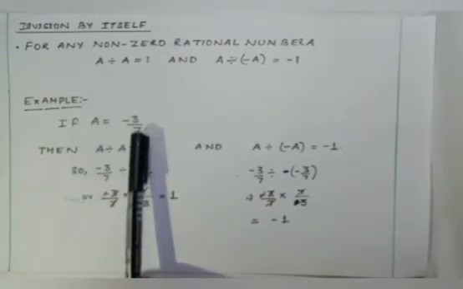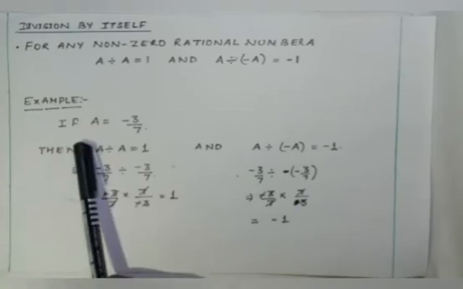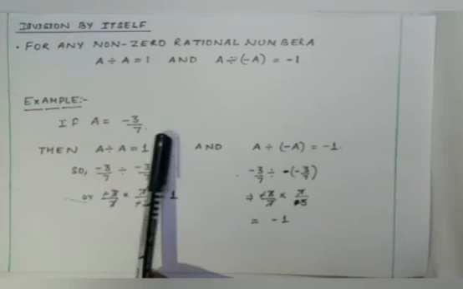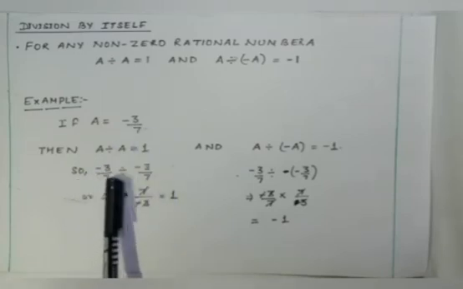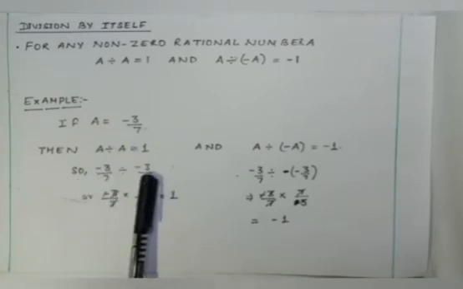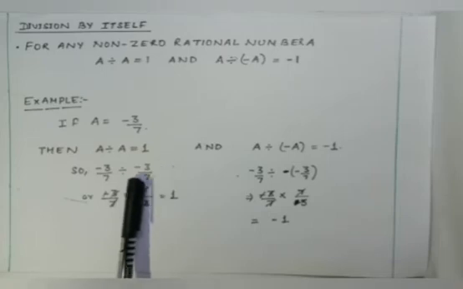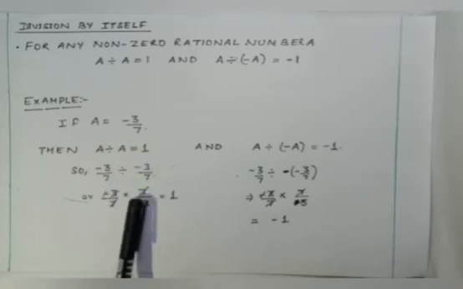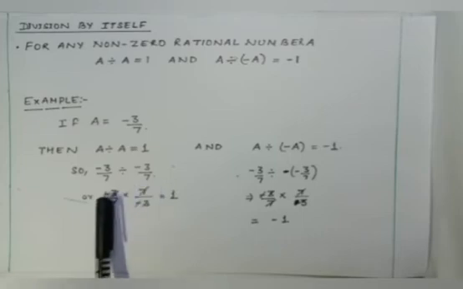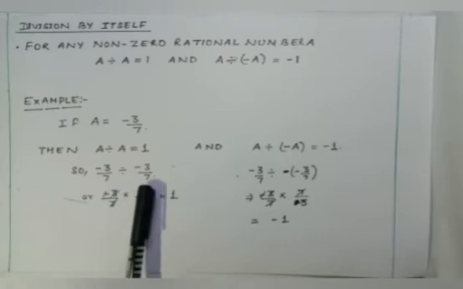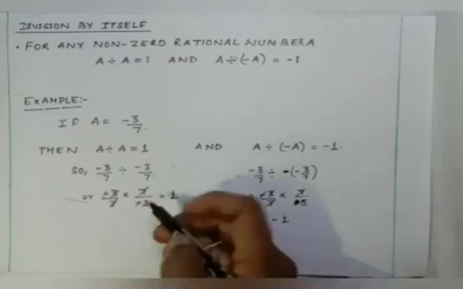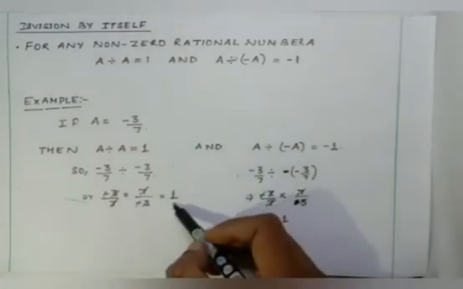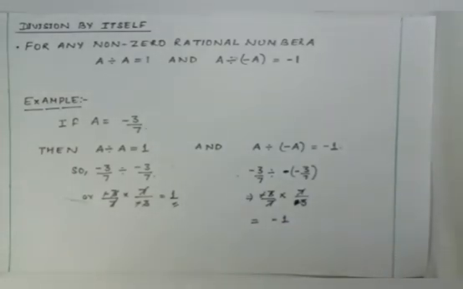If A is equal to minus 3 upon 7, then A divided by A is equal to 1. This is the property. Now, minus 3 upon 7 divided by minus 3 upon 7. When I convert the division sign into multiplication, the number will be reciprocal. So minus 3 upon 7 multiplied by 7 upon minus 3. 7 cancel, minus 3 cancel. What is left? 1 over here.